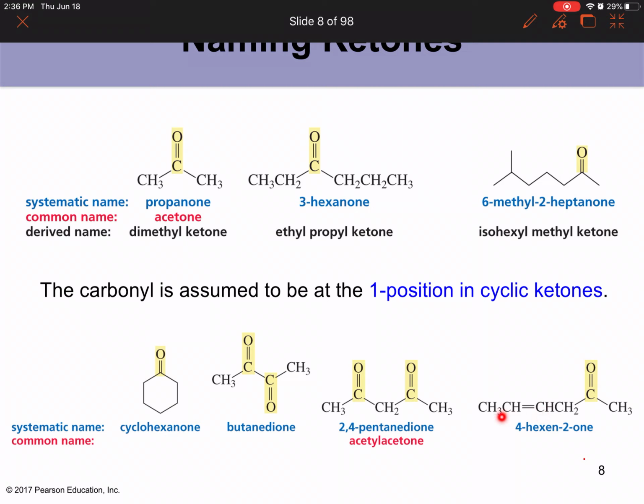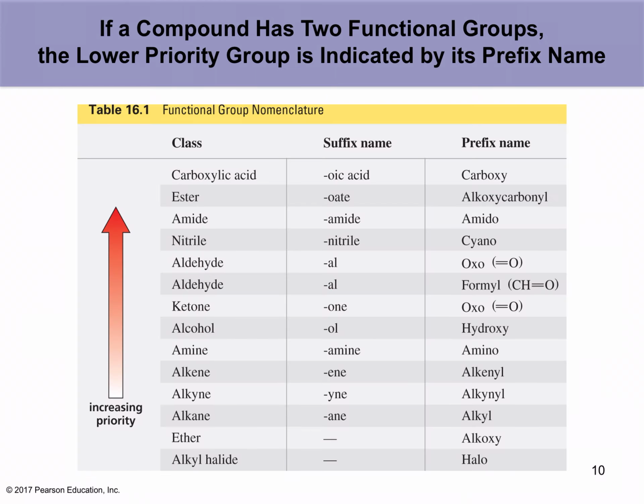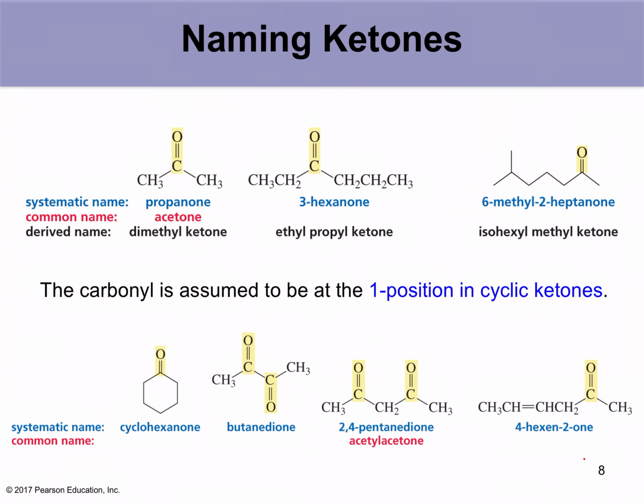So it's a 6 carbon long chain, and would be named 4-hexen-2-one. That's how you would name that. Here we had 2 functional groups, so we need to know which one gets priority. We have a table that shows the order of priorities of the functional groups.